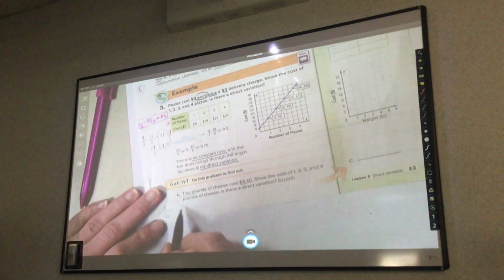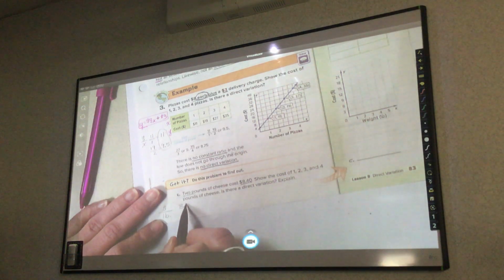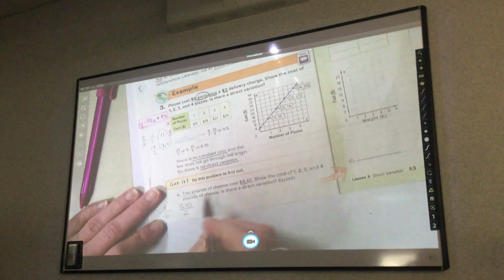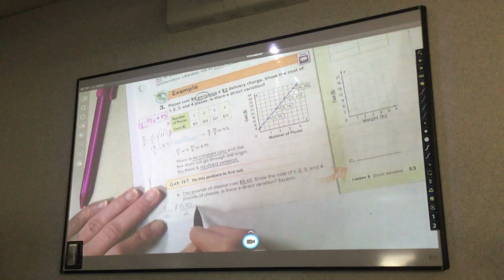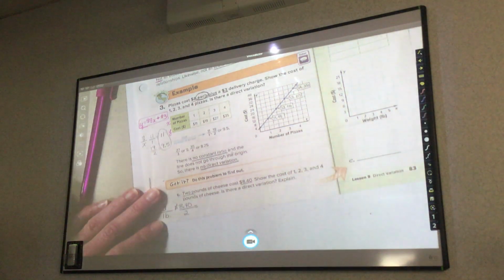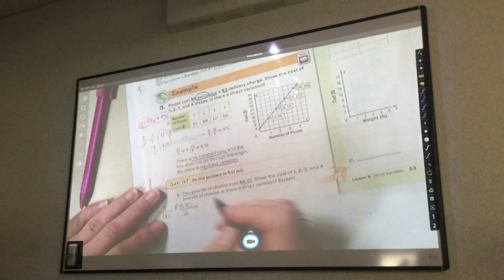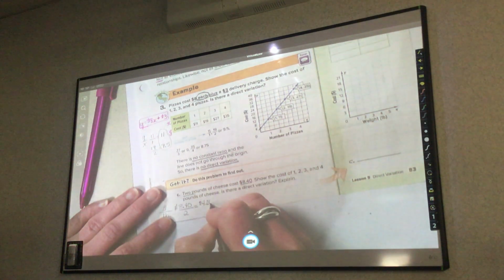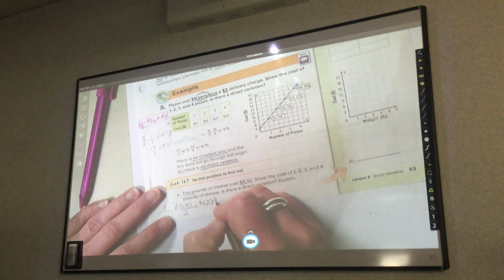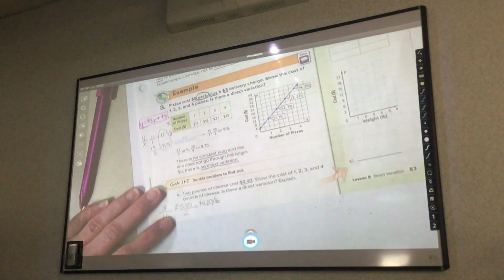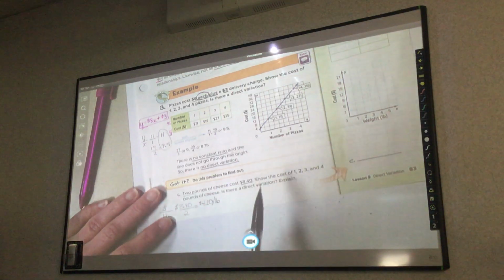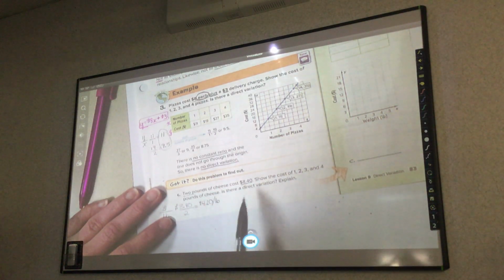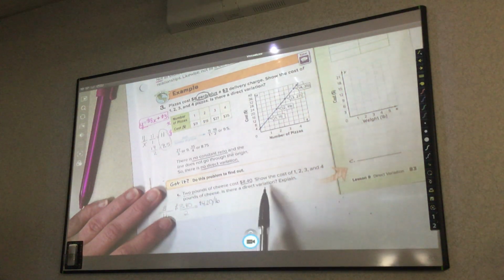So they gave us $8.40 for 2 pounds. What's $8.40 divided by 2? $4.20. So it'd be $4.20 per pound. Am I adding or subtracting anything? No, so should there be a direct variation?